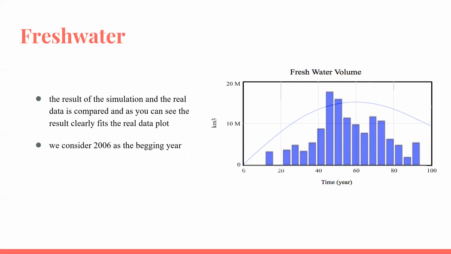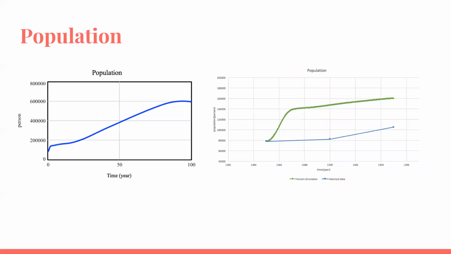So we have the behavior of freshwater volume here. The bar chart is from the real data, and the curve is the result of our model. You can see that both of them have a similar behavior. They will grow until period 50, and after that will decrease.